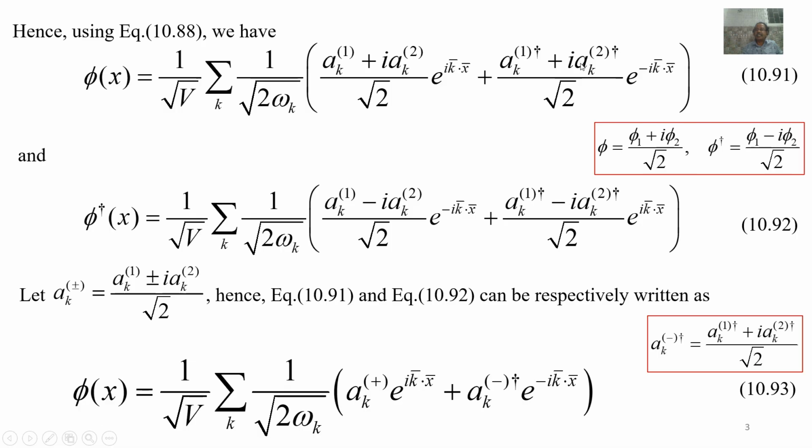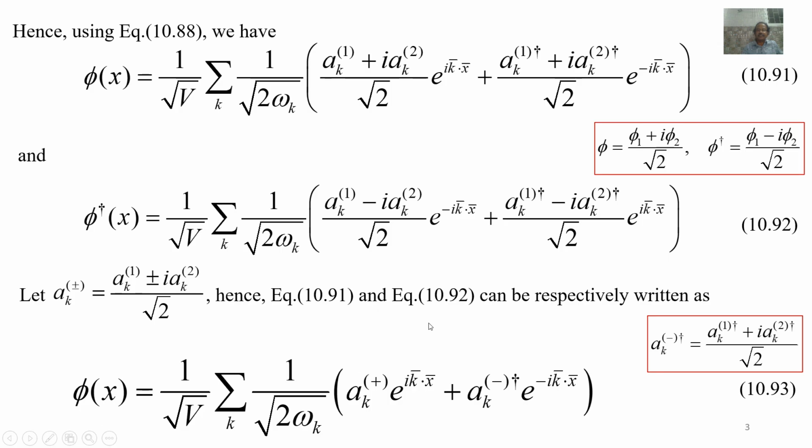When you take the complex conjugate, this is i a_k2 dagger, so this will become minus. The real part itself stays, so you have a_k1 itself, but this term will become minus. So you have a_k1 minus i a_k2 dagger.